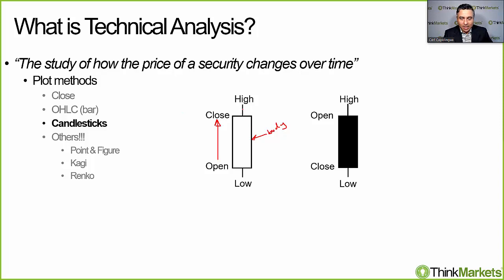Then we have the bits that poke out of the body, the difference between the close and the high, and respectively the difference between the open and the low. These are sometimes called shadows or tails.